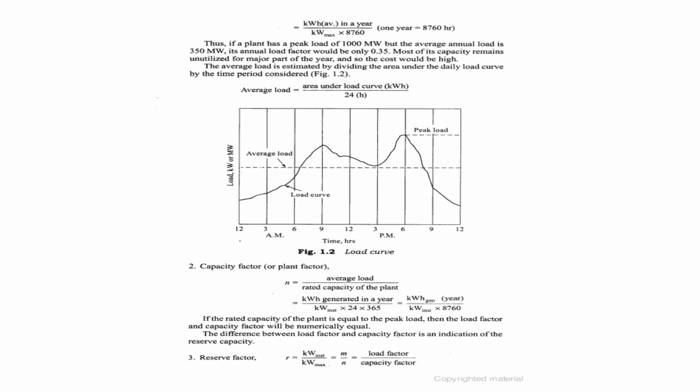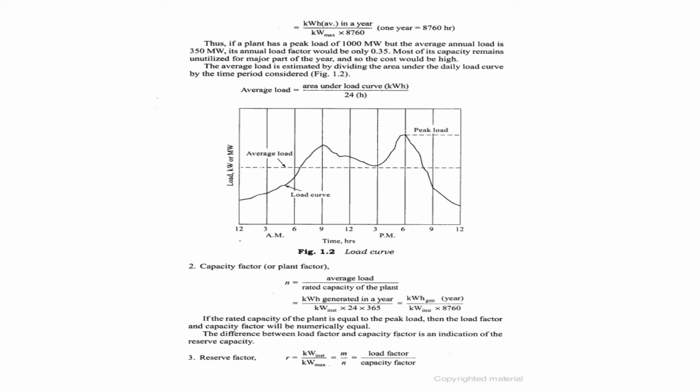Per year, there are 8,760 hours. So for that we can calculate the load factor. If a plant has a peak load of 1000 megawatt, but average annual load is 350 megawatt, its annual load factor would be 0.35.